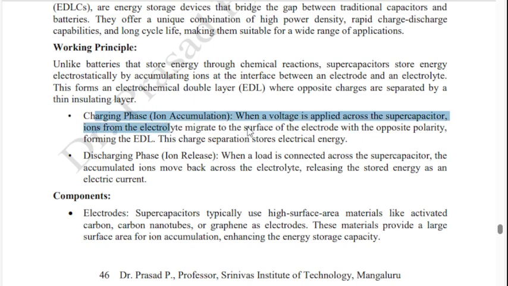Now, during the charging phase, when we have excess energy, since we are discussing renewable energy sources, when we have excess renewable energy, we go for charging the supercapacitor. That is ion accumulation. When voltage is applied across the supercapacitor, ions from the electrolyte migrate to the surface of the electrode with the opposite polarity, forming the electrochemical double layer. This charge separation stores electrical energy.